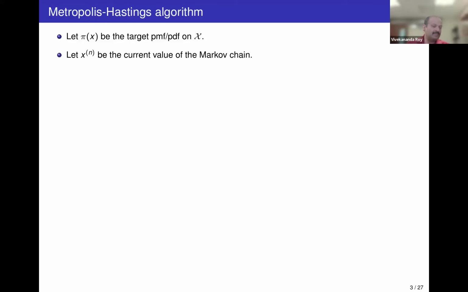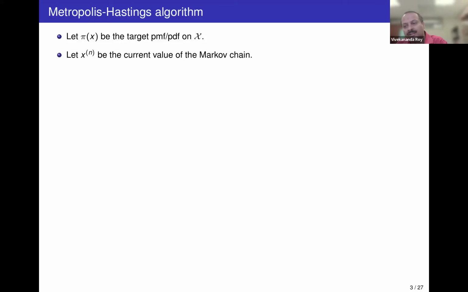So in MCMC, what we do is run a Markov chain with this pi as its stationary distribution. And then we run this chain for some iterations and use these realizations of this Markov chain as approximate samples from pi.